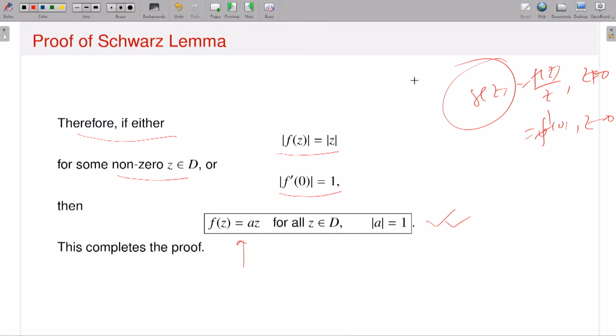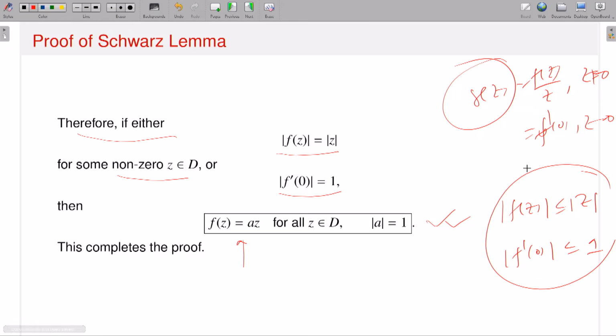So from the expression of g, first I conclude that modulus of f of z is dominated by mod z, and modulus of f prime of 0 is less than or equal to 1. That is the first step. So you should apply the maximum modulus principle on g to get this kind of expression.